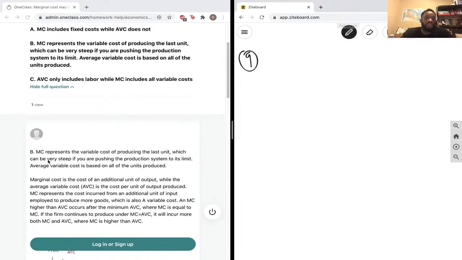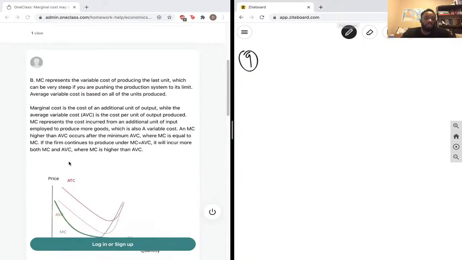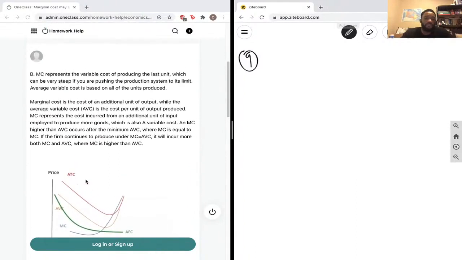Your tutor here says B is the correct answer. And they say marginal cost is, oh nice, they drew a little graph for us. Marginal cost is the additional unit of output, while average variable cost is the cost per unit of output produced. Marginal cost represents the cost incurred from an additional unit of input employed to produce more goods, which is also a variable cost.